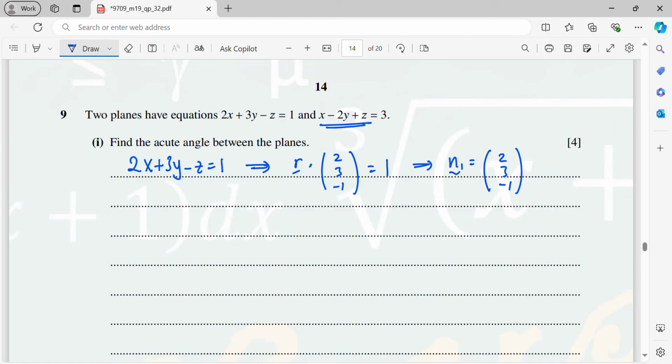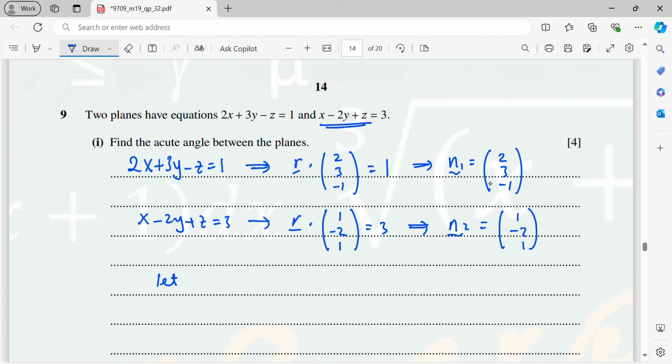Now for the second equation, from here I will write r dot (1x minus 2y, 1z) equals 3. Therefore, my n2 is going to be (1, negative 2, 1). Now, for the acute angle between two planes, let theta be the angle between two planes.